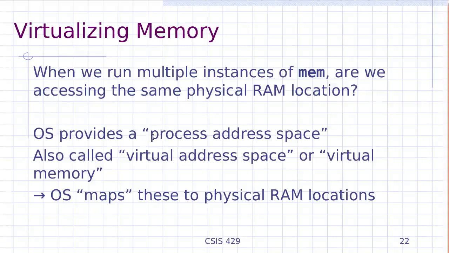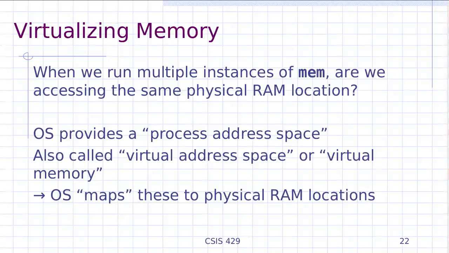We are using a process address space, which is also called a virtual address space or virtual memory. The OS takes these memory locations that we think we are using and in the background maps them or converts them to the actual physical RAM locations.